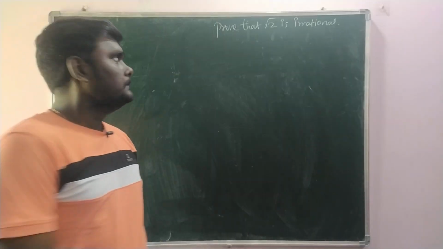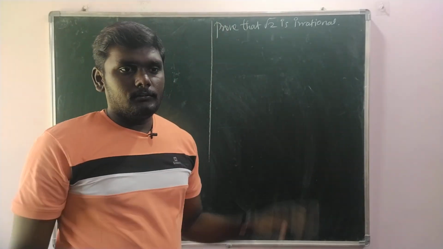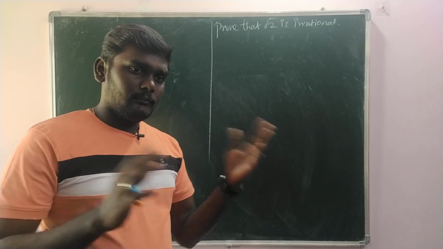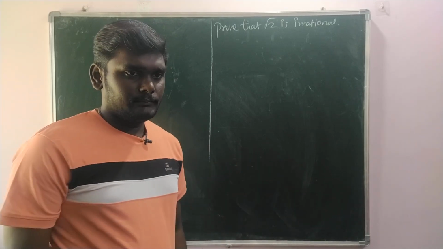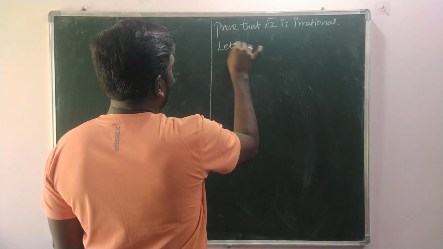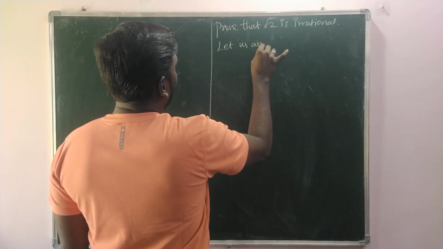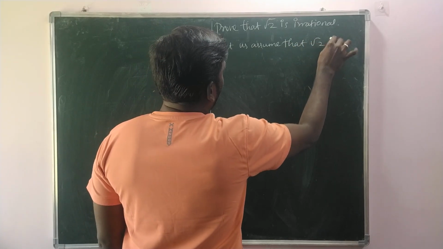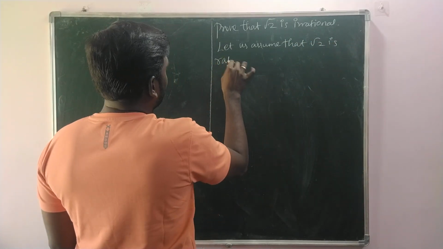Prove that root 2 is irrational. So we are going to proceed with the proof by assuming the contrary. So let us assume that root 2 is rational.